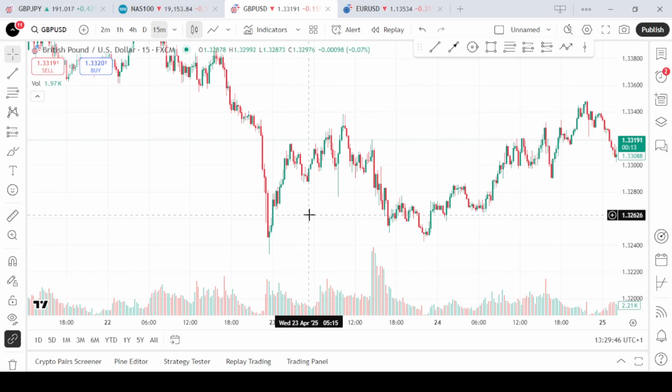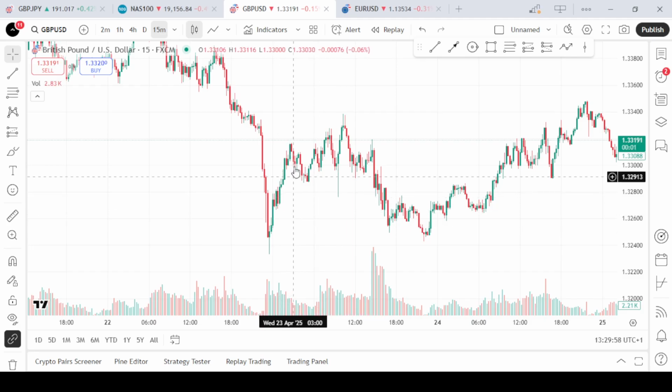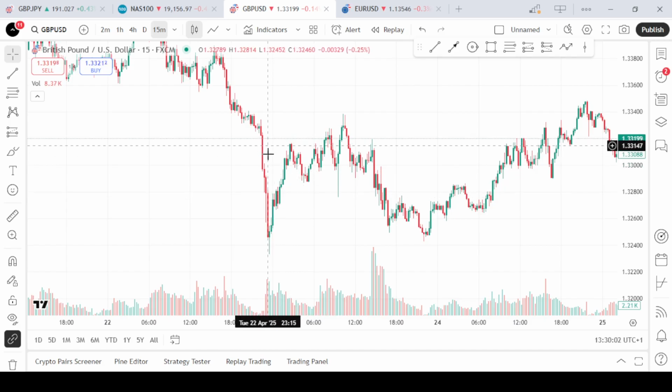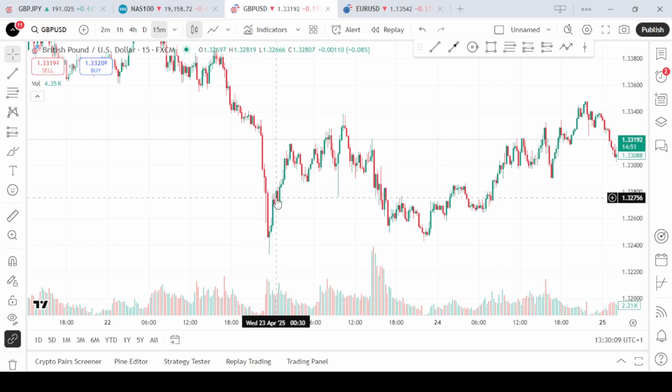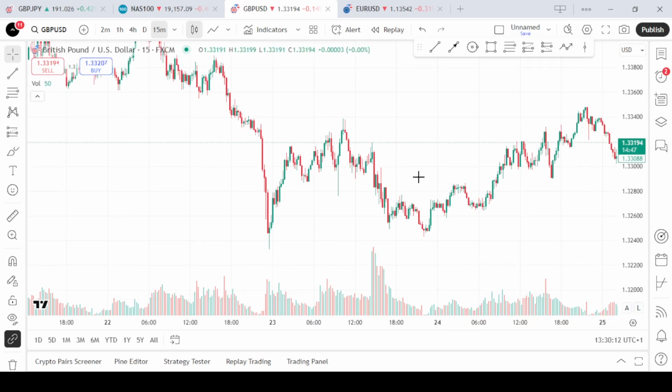On a price chart, a whipsaw typically appears as a sharp spike or drop, followed almost immediately by a strong move in the opposite direction. For example, you might see price break above a resistance or a support level only to reverse and fall back to the level in a short period. Now let's look at this particular example.